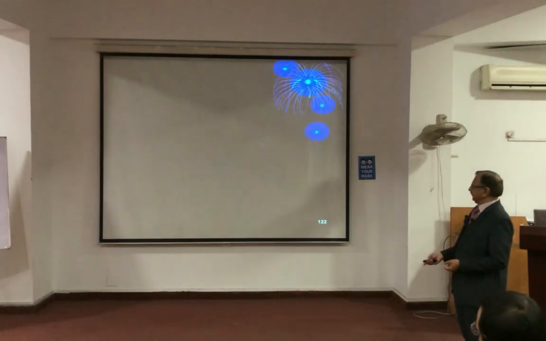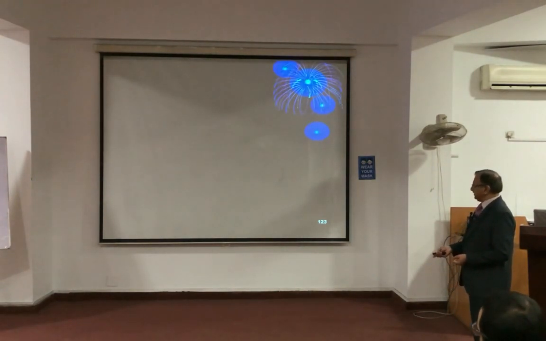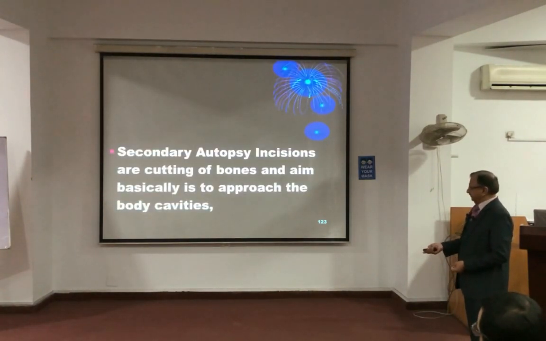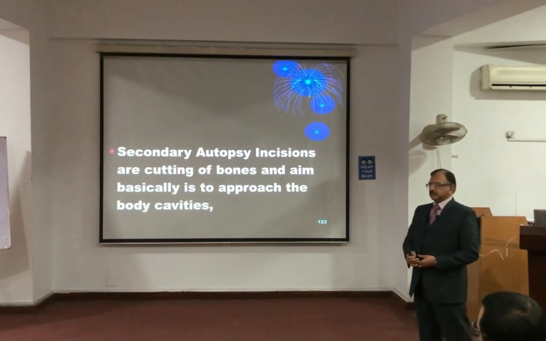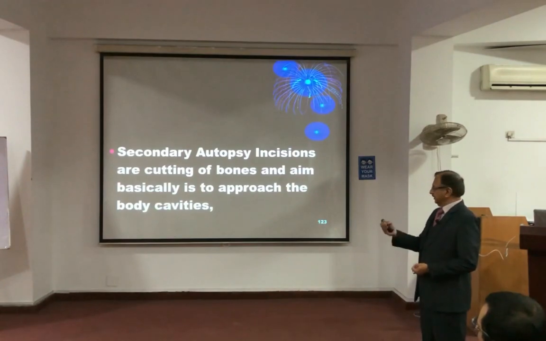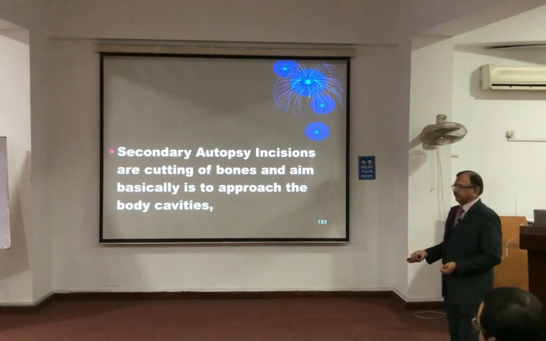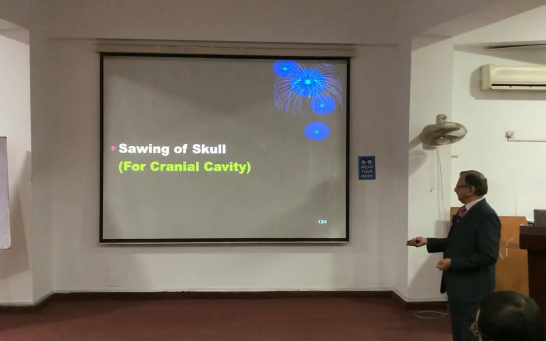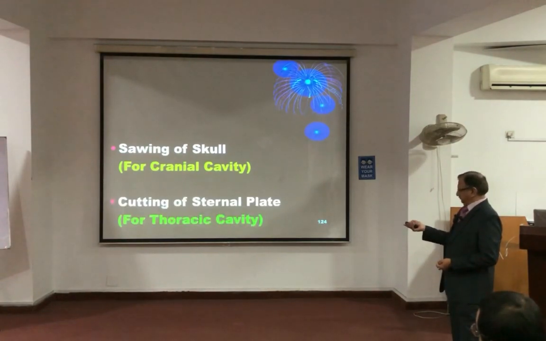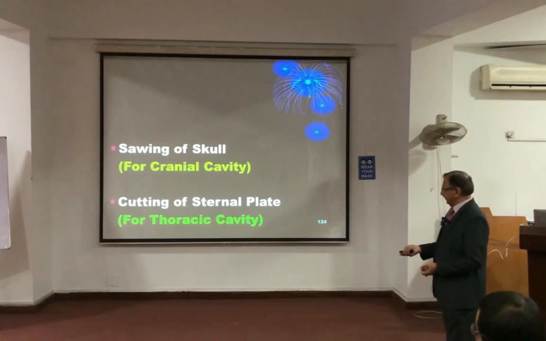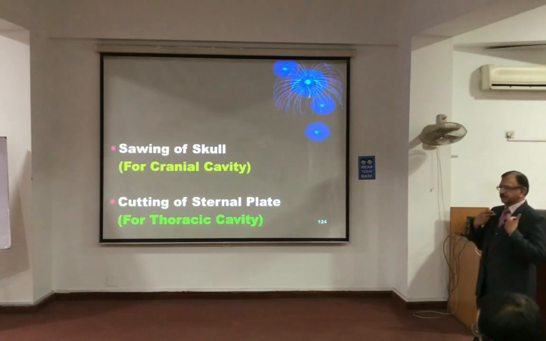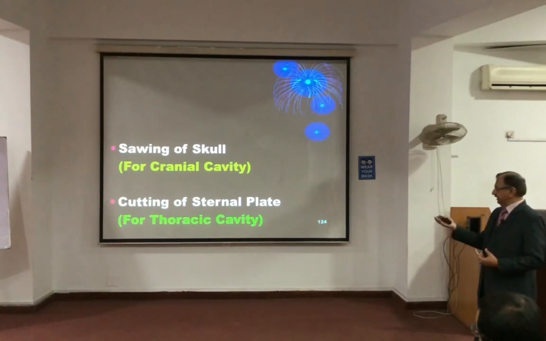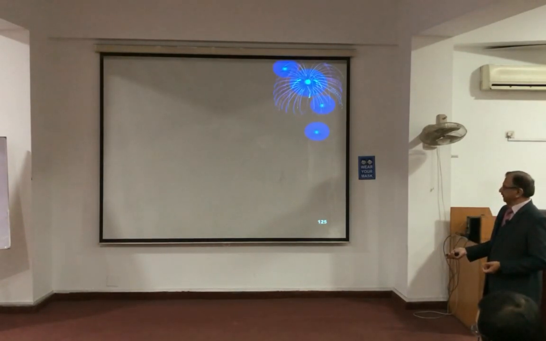Then the secondary incisions are basically made when you are opening the cavities. First they are skin and muscle deep, then cutting the bones and entering into the cavities. For the skull, you cut the calvaria and enter into the cranial cavity, and for the thorax, you cut the sternal plate and remove it and enter into the thorax.